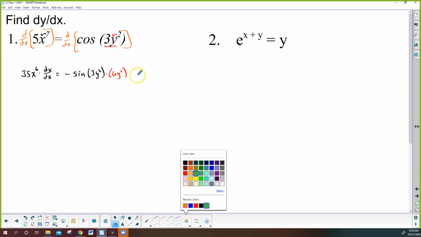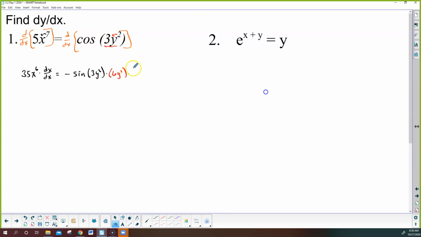But then I took the derivative of y, so I have to have dy/dx. And that's the only spot where dy/dx shows up. So the rest of my work is trying to isolate this and move everything over to the other side. The only thing I'm going to do is say dx/dx reduces down to 1.